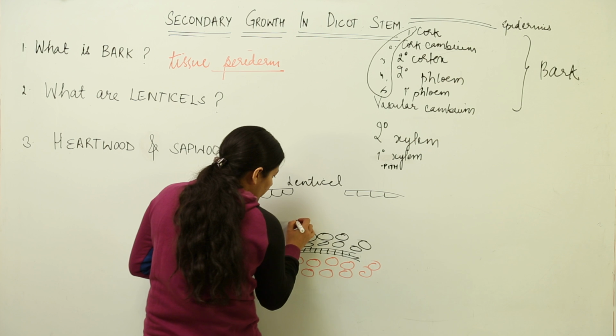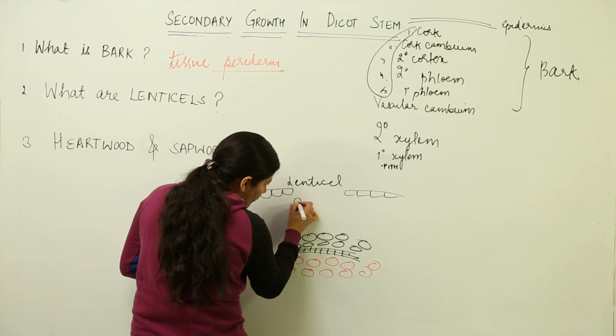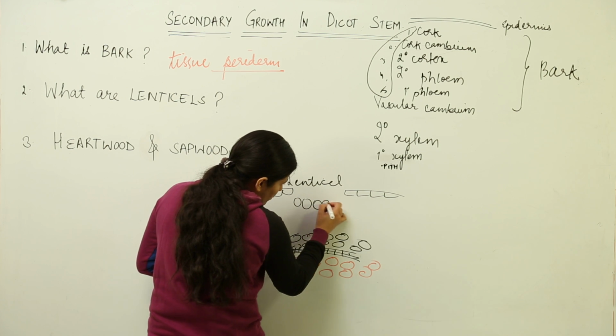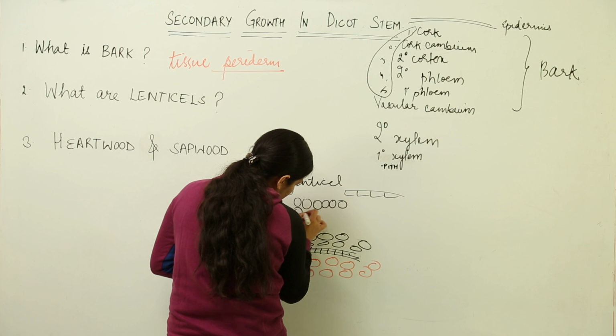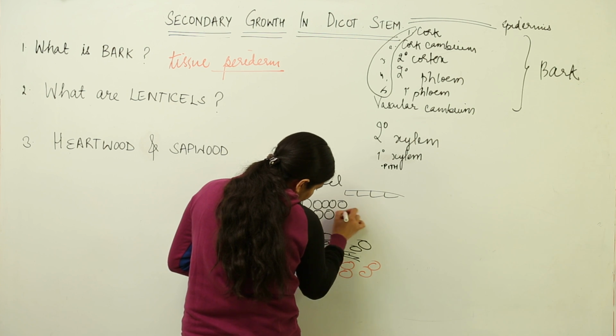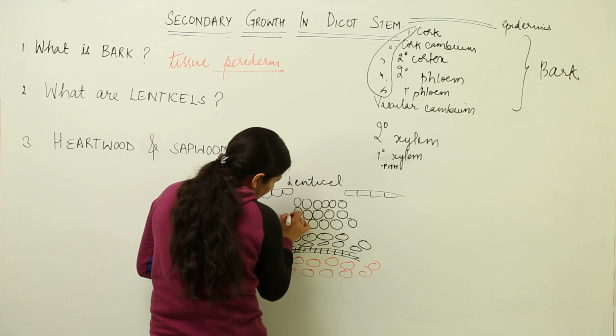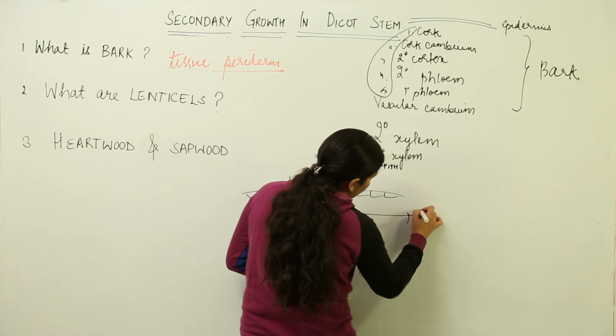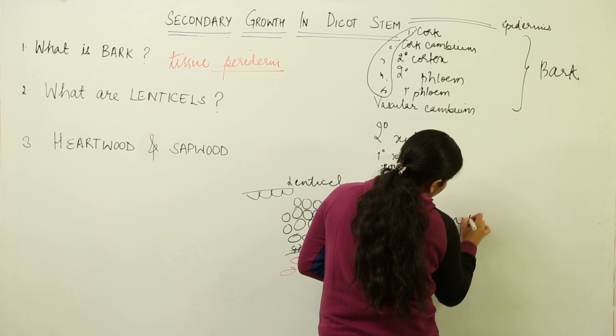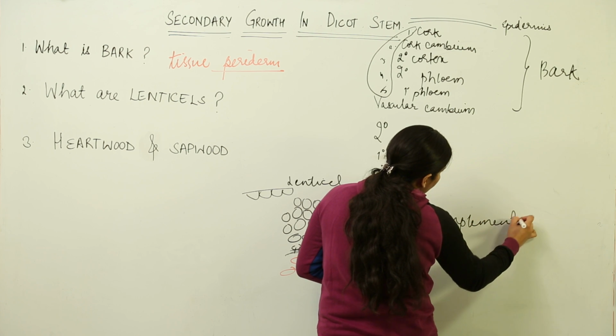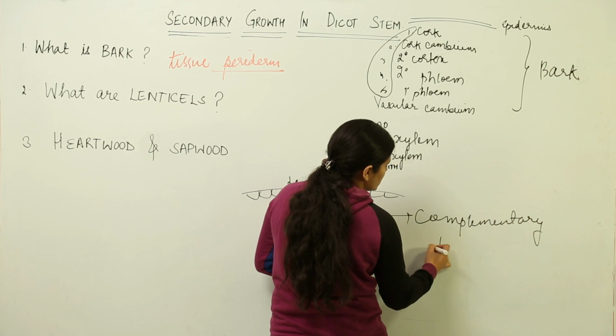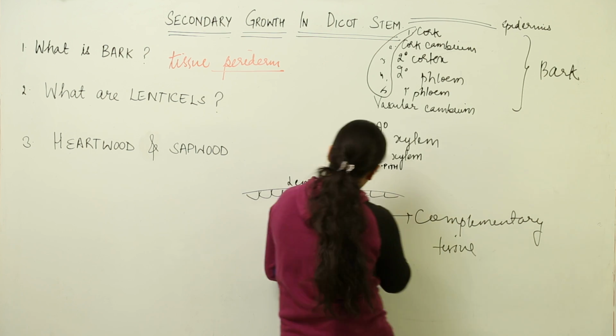Alright. Now, over here a group of parenchymatous cells also come and they form a region of cells known as complementary tissue. Please remember, the complementary tissue lies just below the lenticels.